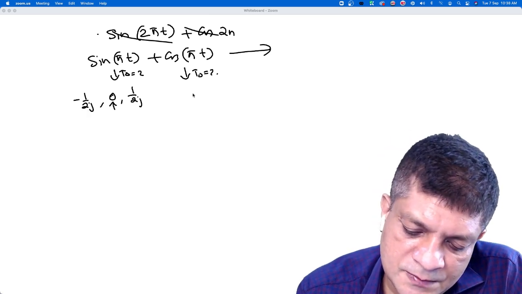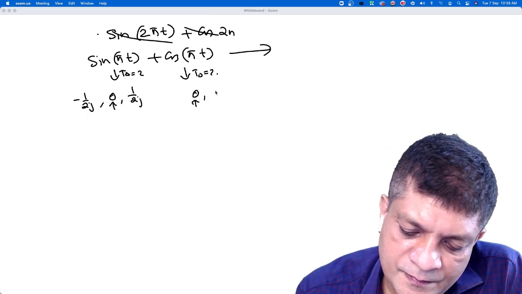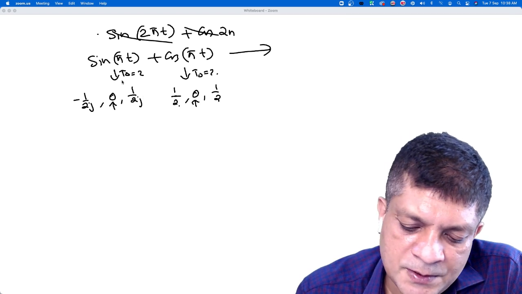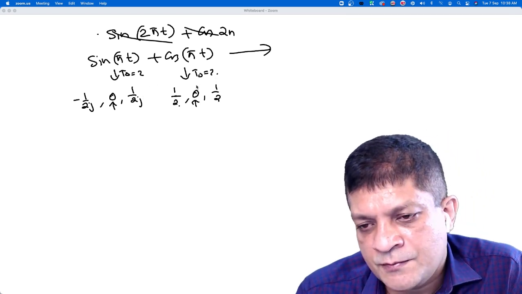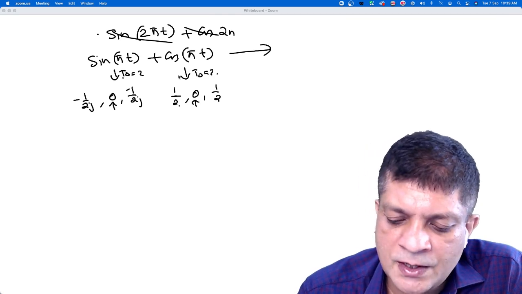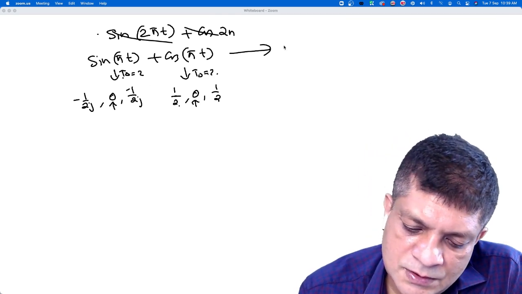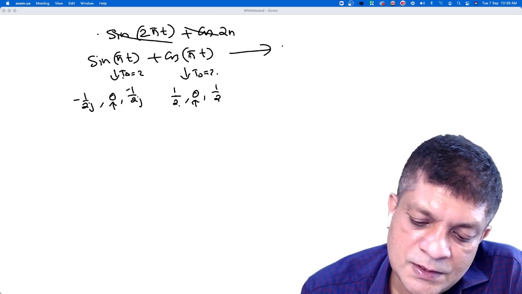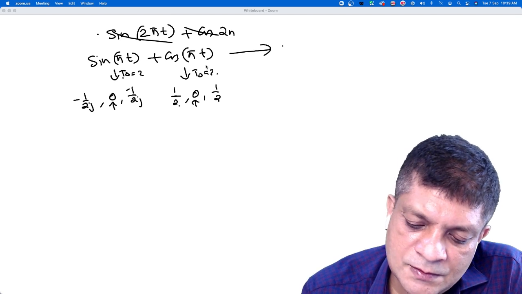And what about this? 1 by 2. This is also 1 by 2, right? Now using the linearity property, these two are the Fourier series representation with respect to the same period 2. So we can add these two. What are the Fourier series coefficients of this?